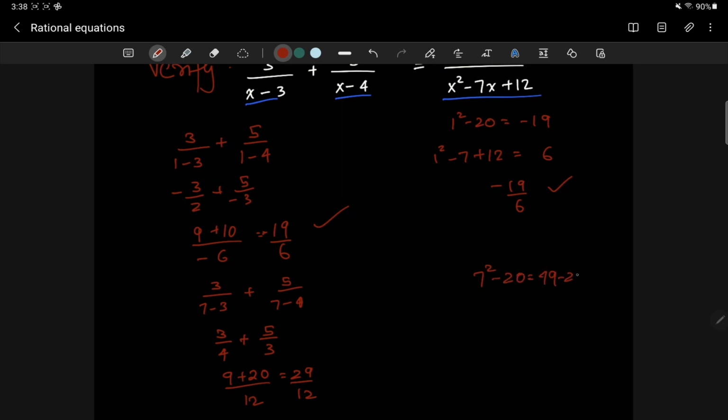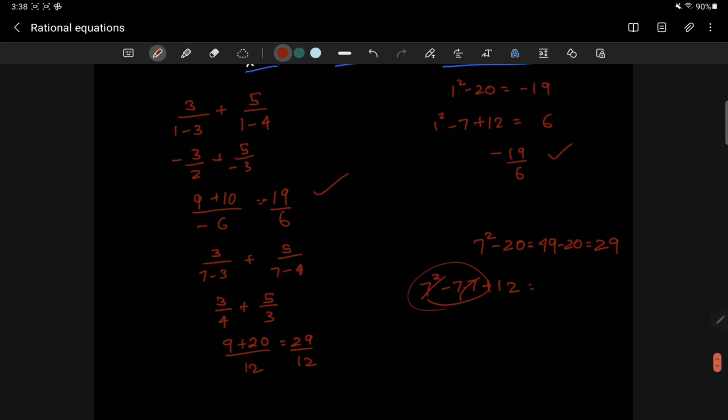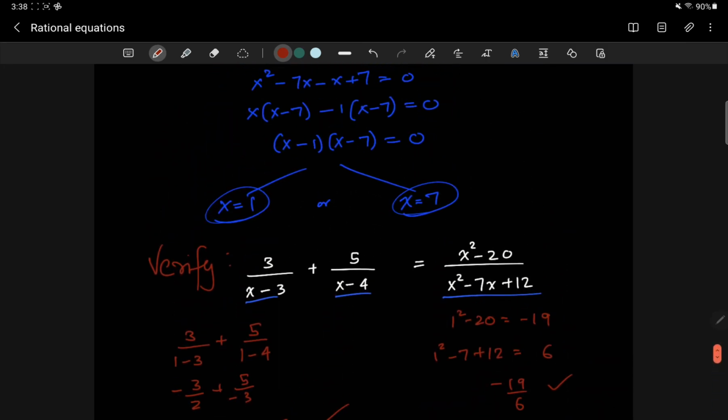It's 49 minus 20 is 29. Then 7 squared minus 7 times 7 plus 12. The first two terms cancel out because that's 7 squared minus 7 squared. So it is 29 over 12, which also matches up. So we say that the solution is x equals 1 or x equals 7.